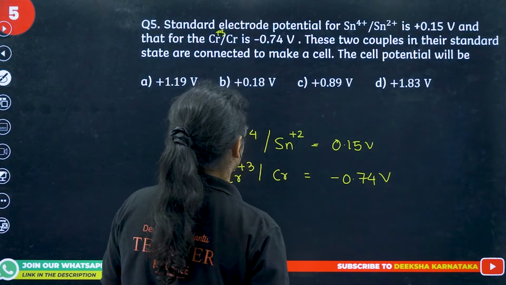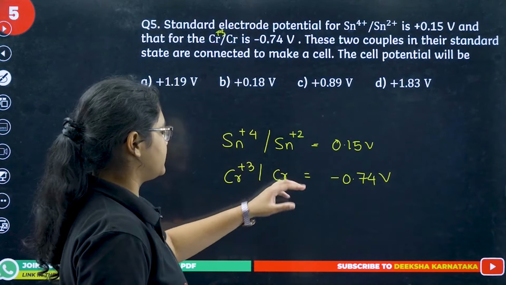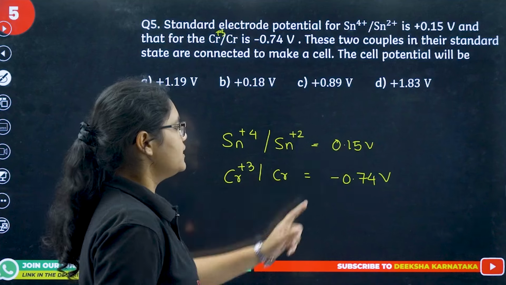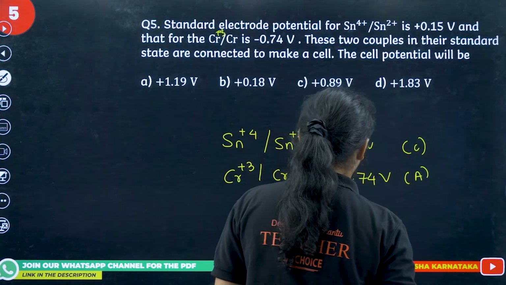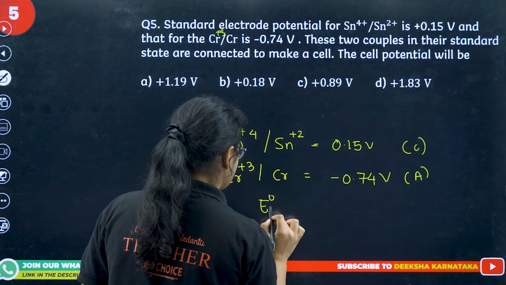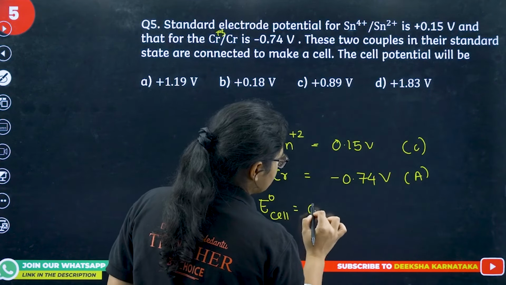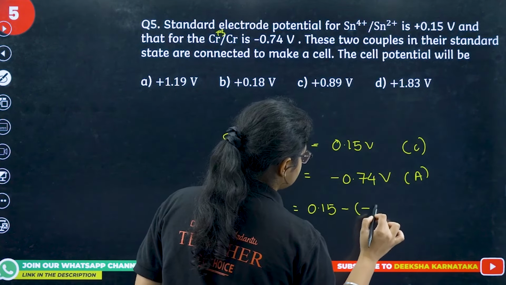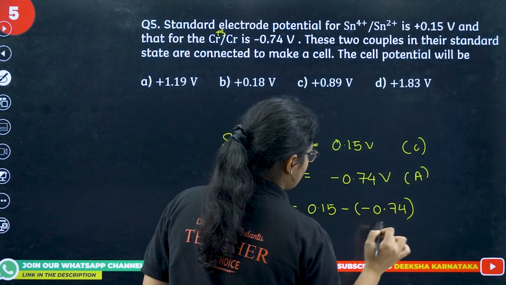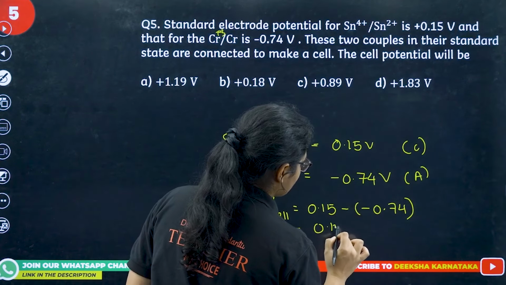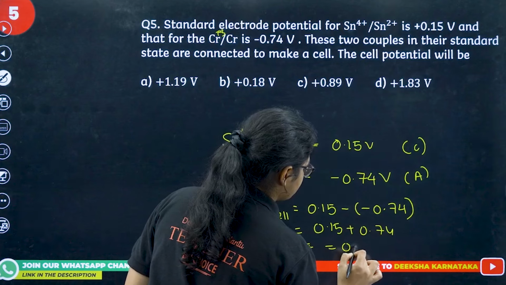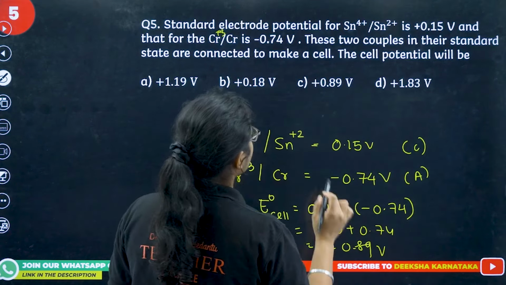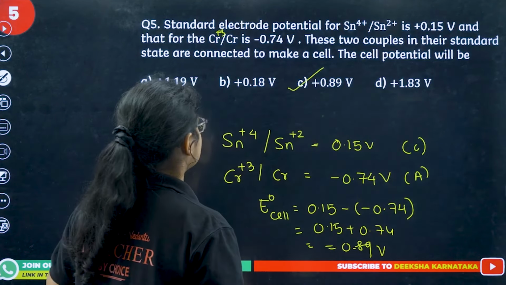The cell potential will be. The reduction potential here is maximum, so where the reduction potential is maximum, that will behave as cathode, and the other will be anode. So what is the E naught of the cell? Cathode minus anode. So we have 0.15 minus minus 0.74, which is equal to 0.15 plus 0.74, and that is equal to 0.89 volt. So we'll get option number C here.